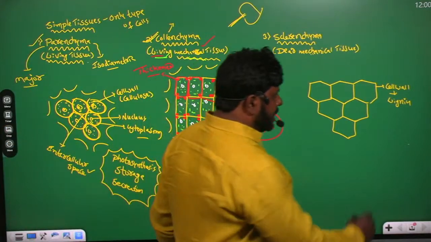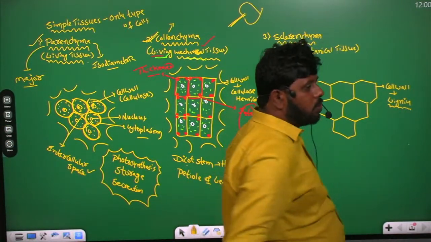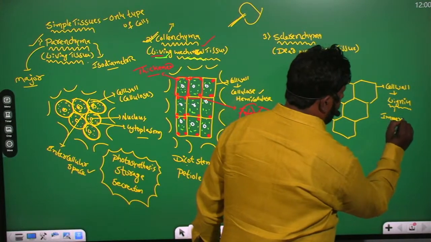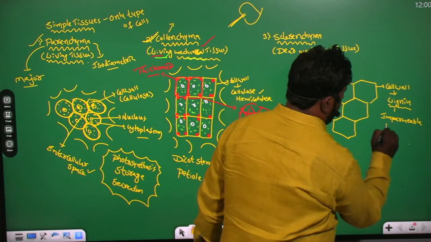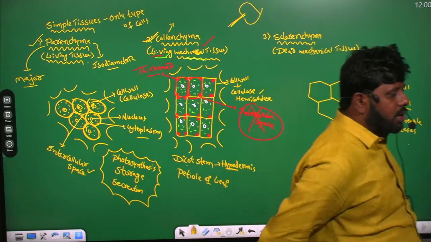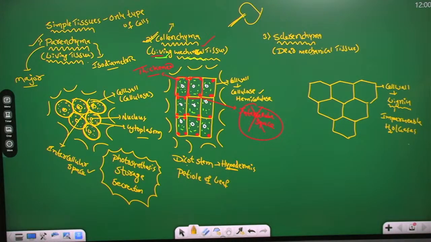See, this lignin makes the cell impermeable to water and gases. This term is very important: lignin is impermeable. Because of the impermeability to water and gases, the nucleus and cytoplasm degenerate. If exchange of water and gases takes place, the nucleus and dense cytoplasm are present.